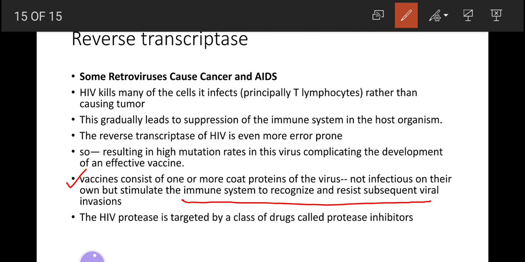There are many diseases caused by RNA viruses. For example, the current pandemic, COVID-19, caused by the coronavirus, hepatitis C, E, polio, rabies, common cold. All these are diseases caused by RNA viruses.